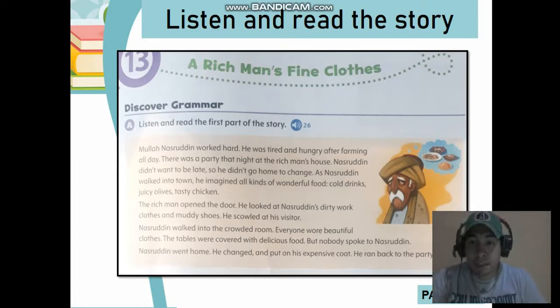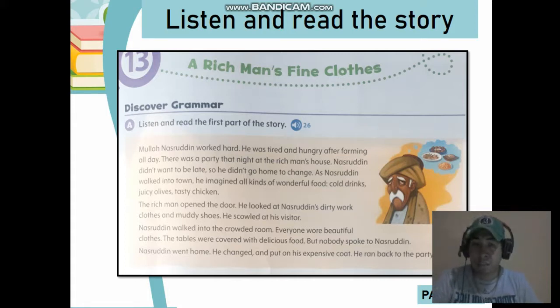Mullah Nasruddin worked hard. He was tired and hungry after farming all day. There was a party that night at the rich man's house. Nasruddin didn't want to be late, so he didn't go home to change.